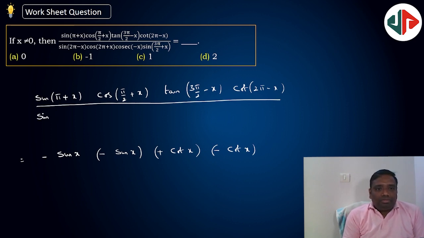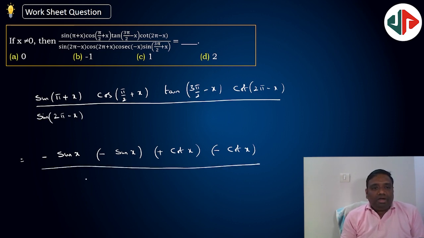Sin of 2 pi minus x means fourth quadrant. In the fourth quadrant sine is negative. Even multiples of 90 means sine remains the same. Next, cos of 2 pi plus x means first quadrant. In the first quadrant cos is always positive. Even multiples of 90 means cos remains the same.